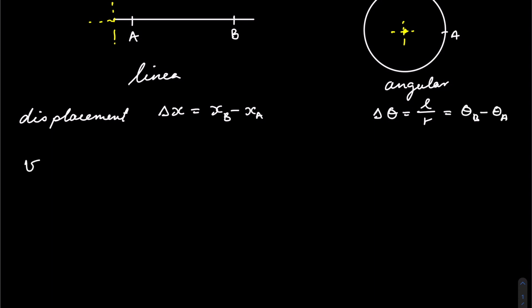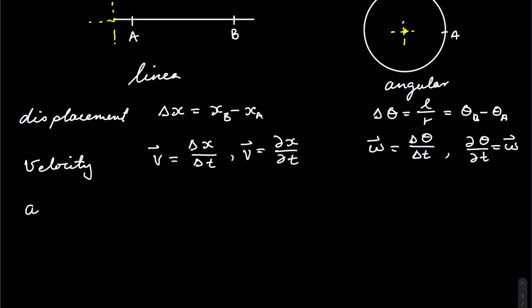The velocity is given by the change in x over the change in time, and an equivalent equation for the circular motion will be given by the change in theta over the change in time. You can basically also use the derivative.